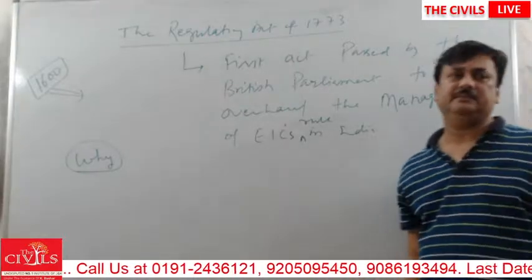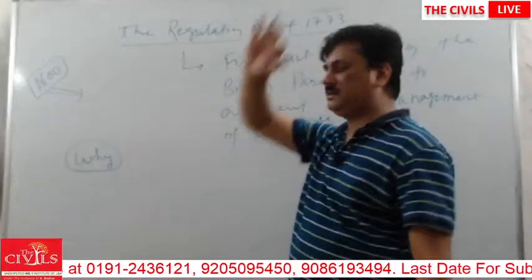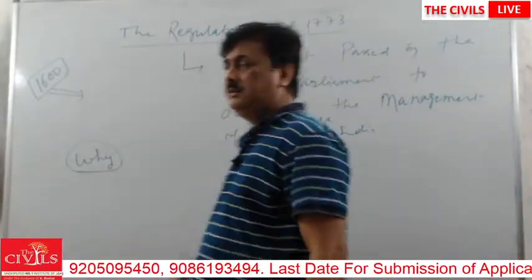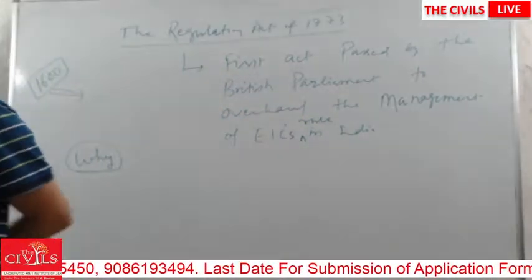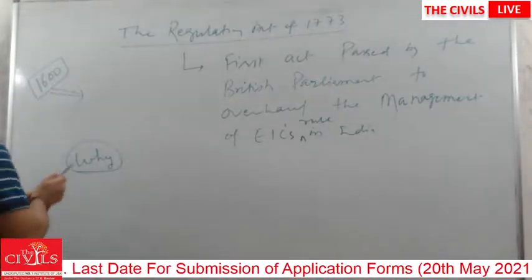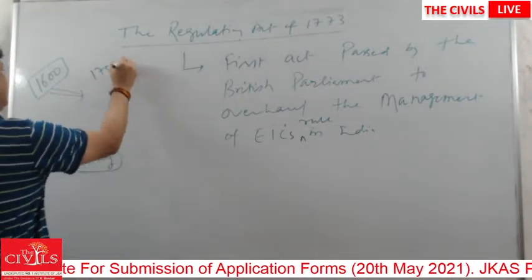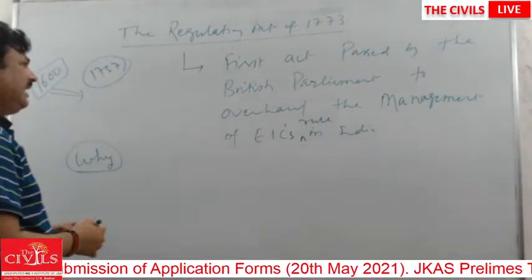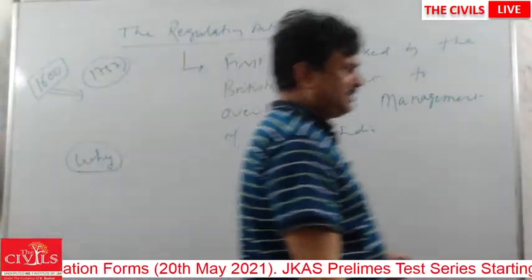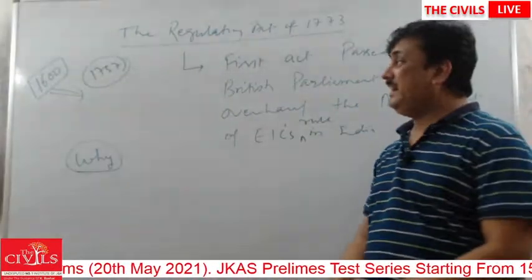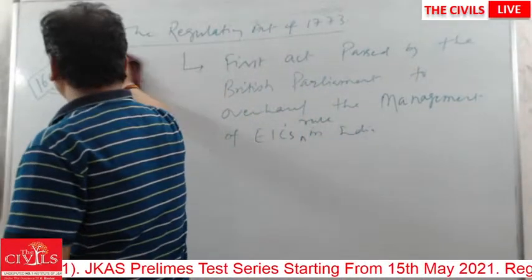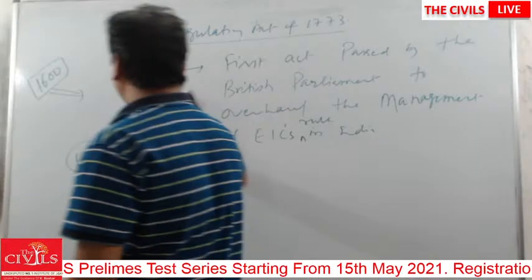What was the reason? This is very important. Why after 175 years? Because in 1600 they got the charter, in 1757 came the Battle of Plassey, and after that we all know the British East India Company rule was established.